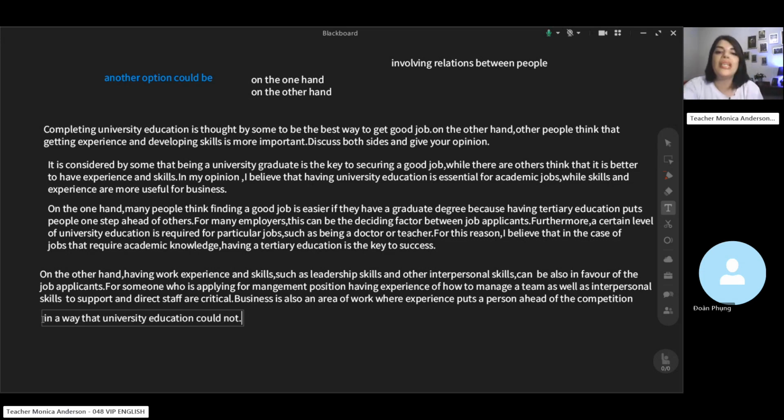So for this reason, I also believe that such skills, or I don't know, experience, do have a relevant and important place in the workplace.